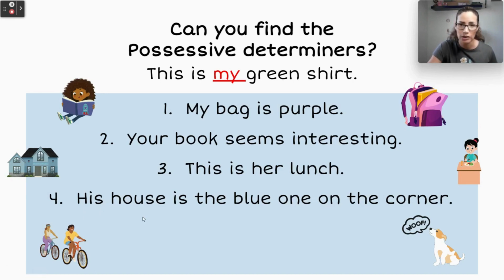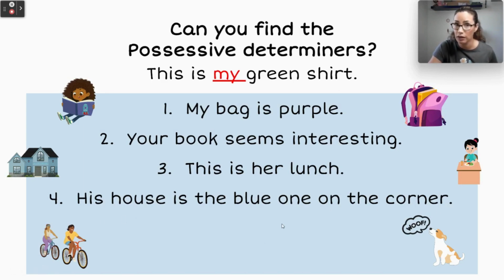His house is the blue one on the corner. Again, his house is the blue one on the corner. Now can you say it all together? His house is the blue one on the corner.